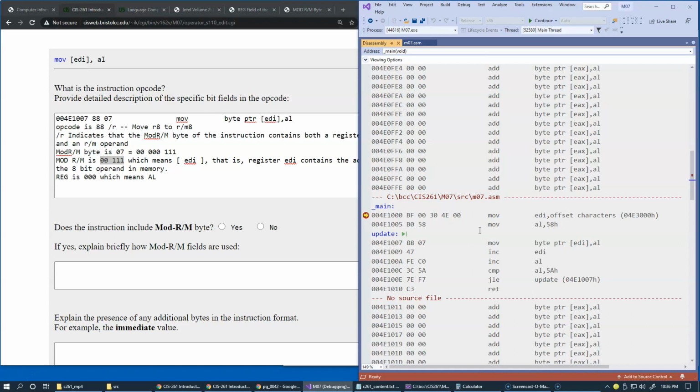Oftentimes it is possible to try to disassemble memory, but you may not know whether it's a data segment that you're disassembling, which is very unproductive. It's data, not part of the text segment.